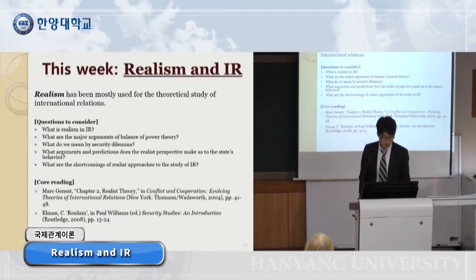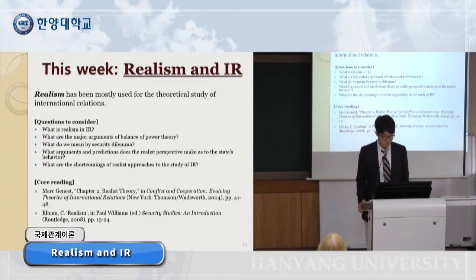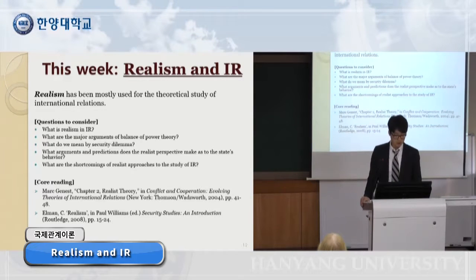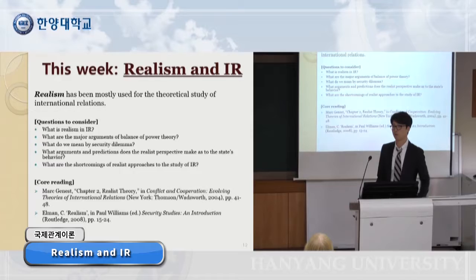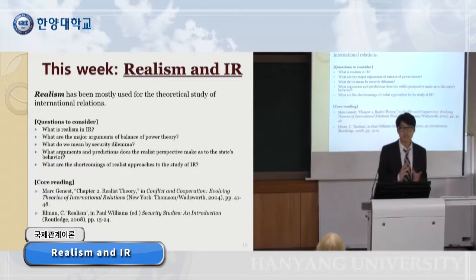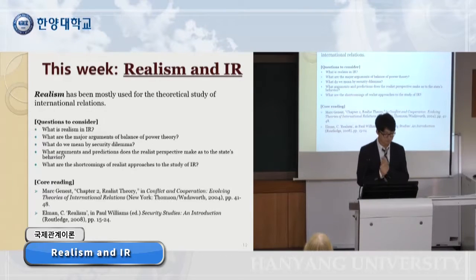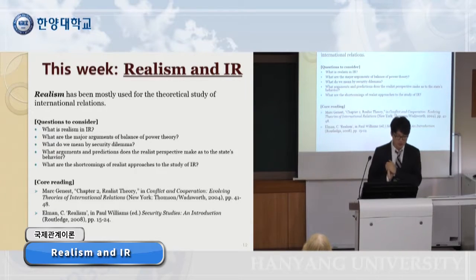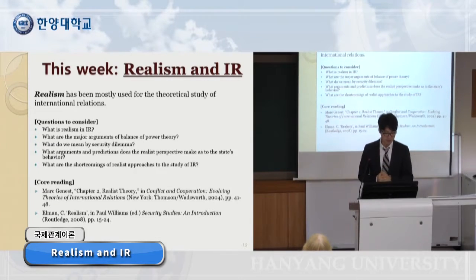And again, today I ask you to read two core reading materials. One is written by Mark Genesis, which is a general overview of what realism is, right? Quite easy to understand, right? The second one is written by Colin Elman, a great scholar in my view.